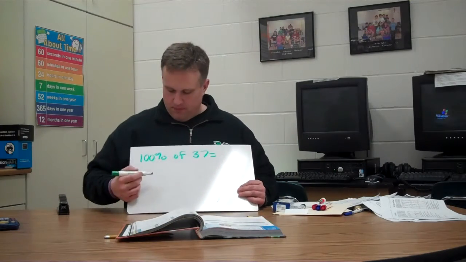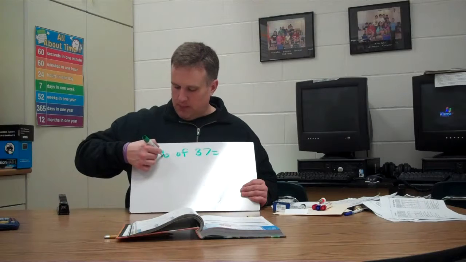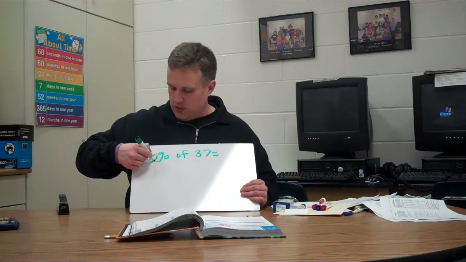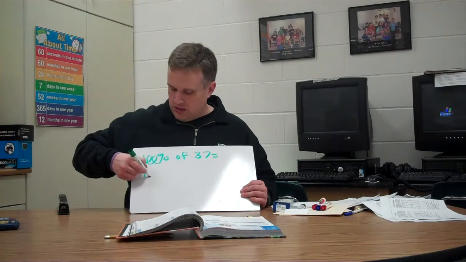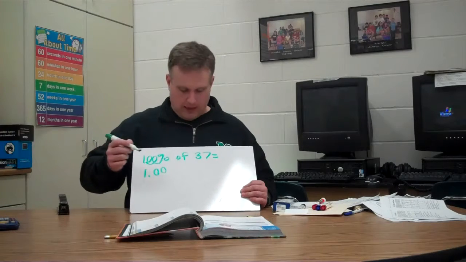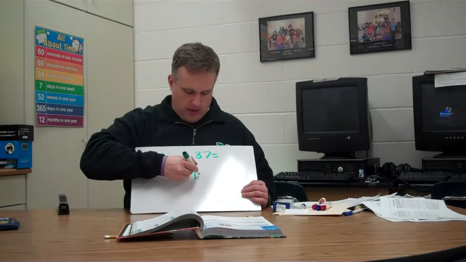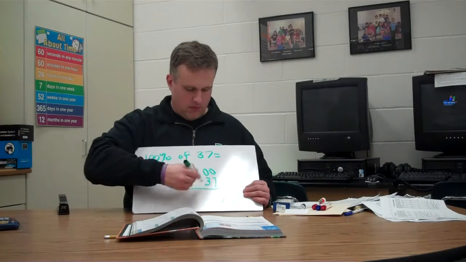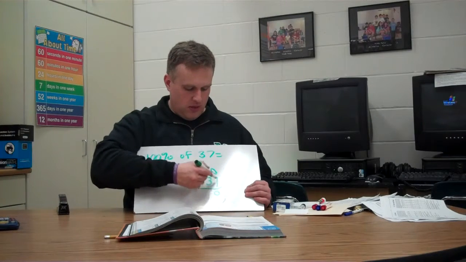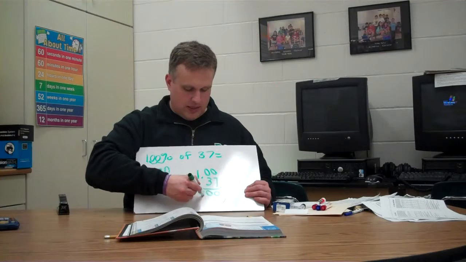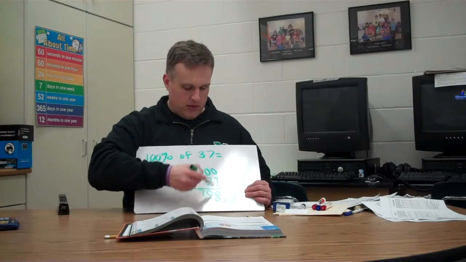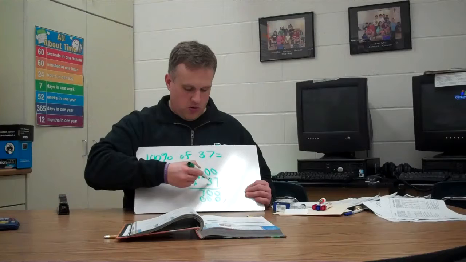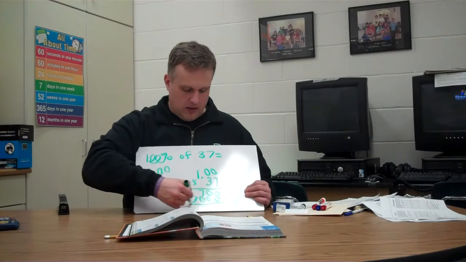100% of 37. Okay? Again, I'm going to change my percent to a decimal, moving 2 places, 1, 2. So this now looks like this. Okay? So I will then multiply. 7 times 0 is 0. 7 times 0 is 0. 7 times 1 is 7. Bring down my 0. 3 times 0 is 0. 3 times 0 is 0. 3 times 1 is 3.